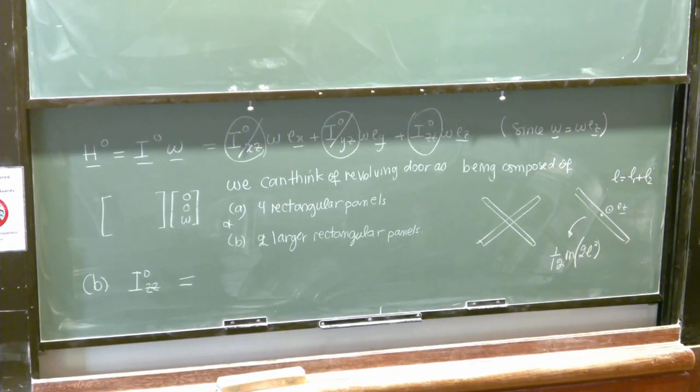Yes. The z equals 0 plane is a plane of symmetry. So when you integrate the moment of inertia, for example, Ixz is the integral of xz dm. For every point x, z, you have a point with the same z and minus x.